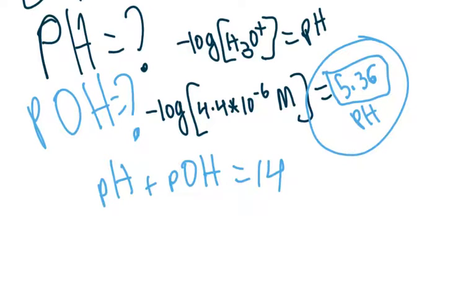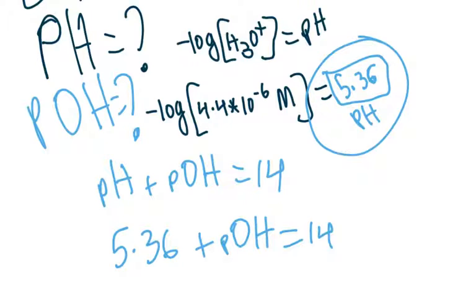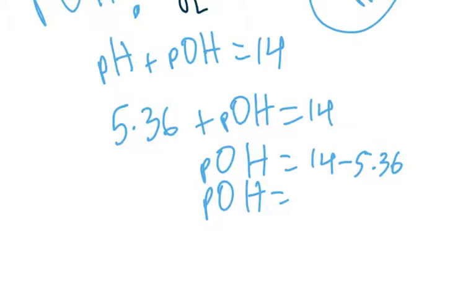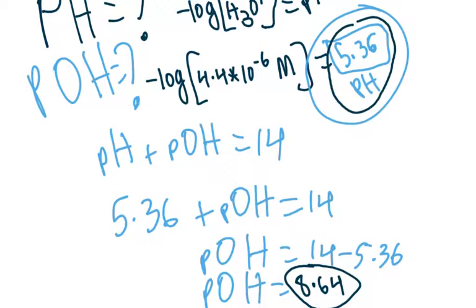Just plug it in: 5.36 plus the pOH is equal to 14, so the pOH is 14 minus 5.36, which is 8.64. So that's the pOH, and this is the pH.